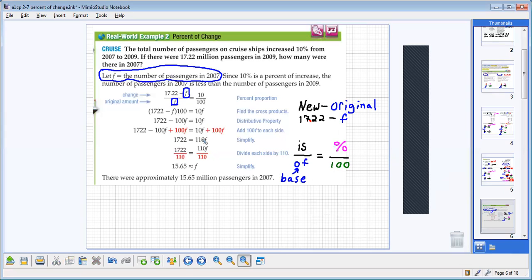Now, what they did is they multiplied by 100. When they multiplied by 100, they got 1,722 minus F. When they multiplied it by 100, that moved the decimal 2 to the right. So there should be a decimal point right here.